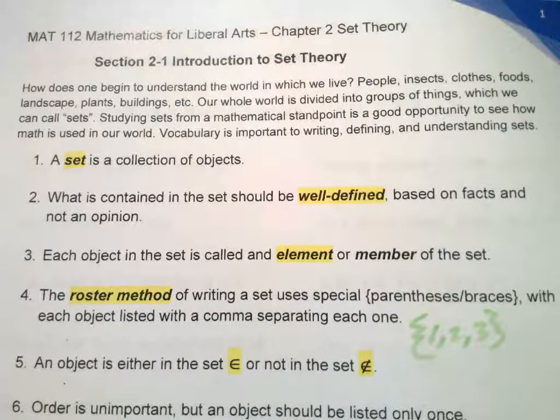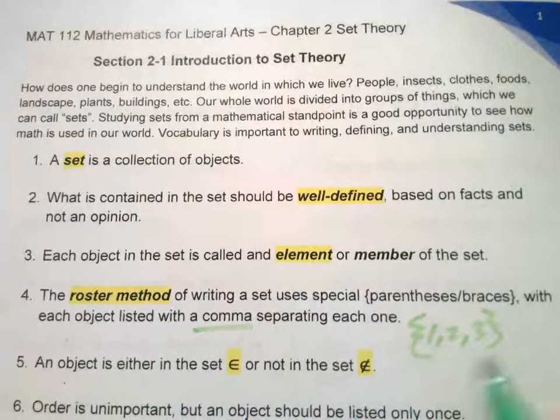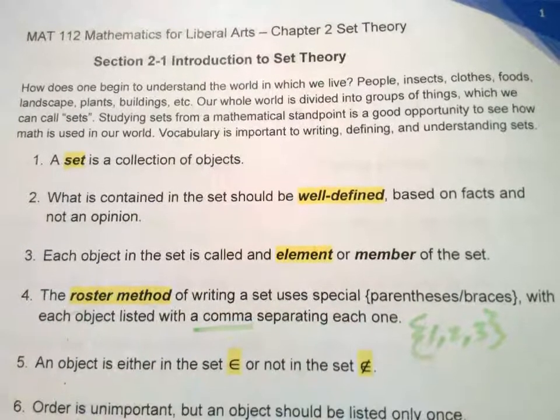So is 2, so is 3. When you're putting a bunch of elements together in set notation, you want to have a comma separating each item. And listing it this way is considered the roster method.